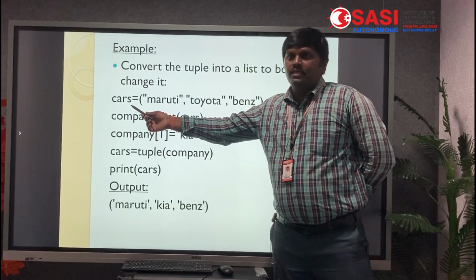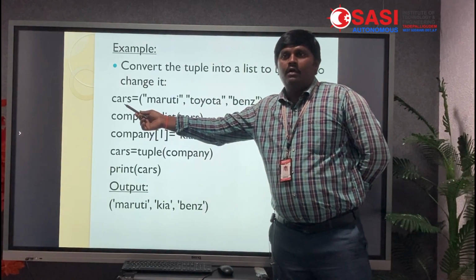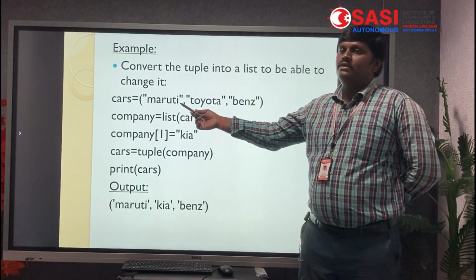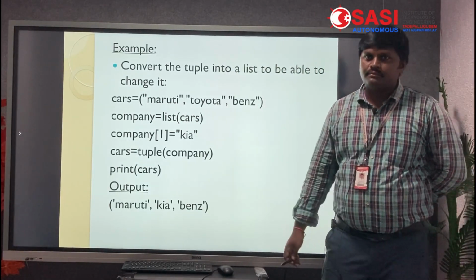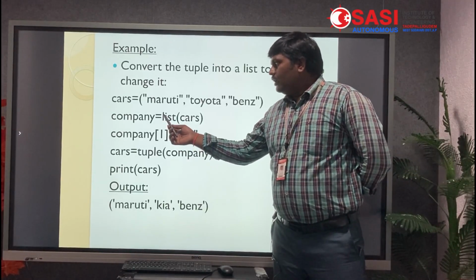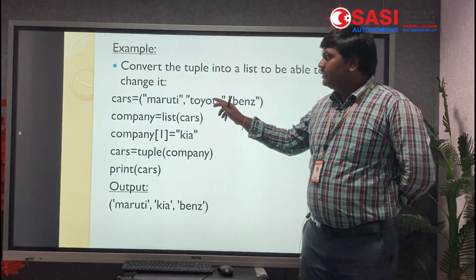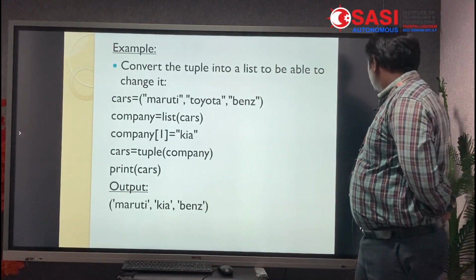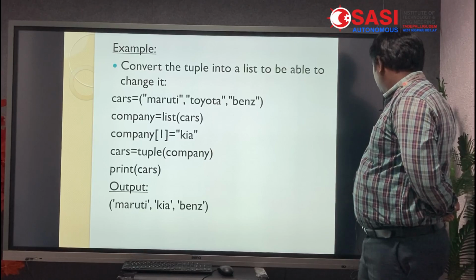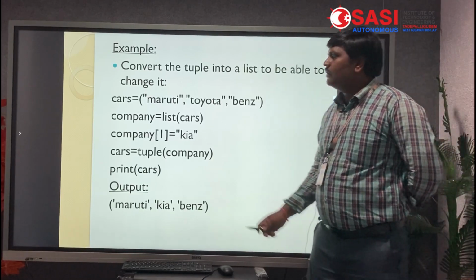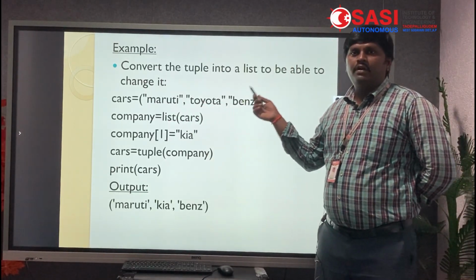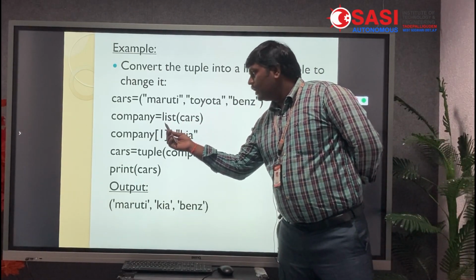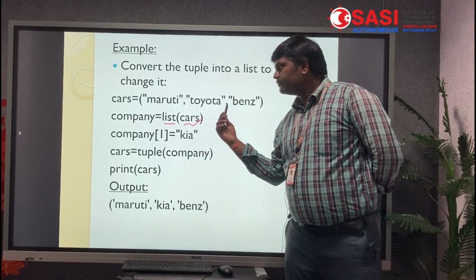Convert the tuple into a list to be able to change it. Here we are taking a simple tuple, cars equals Maruti, Toyota, Benz. First of all you need to convert this tuple into a list.